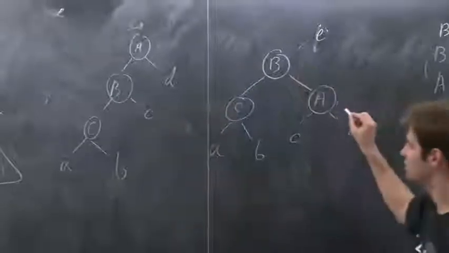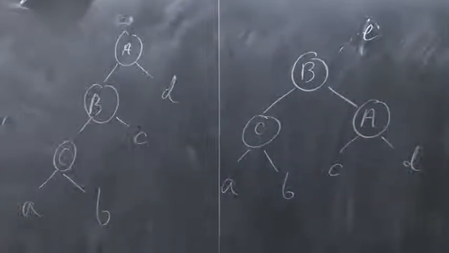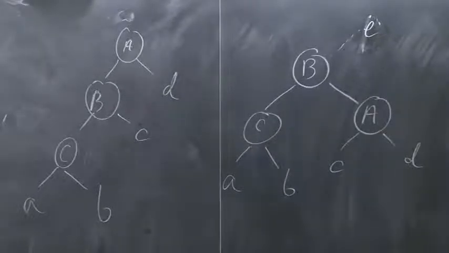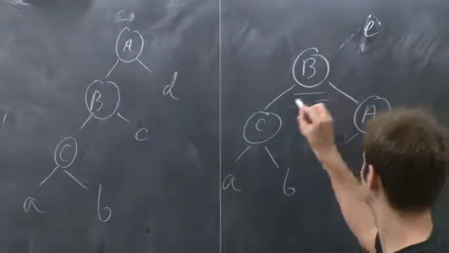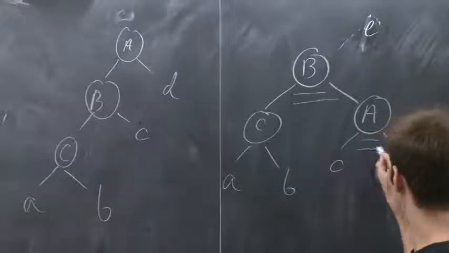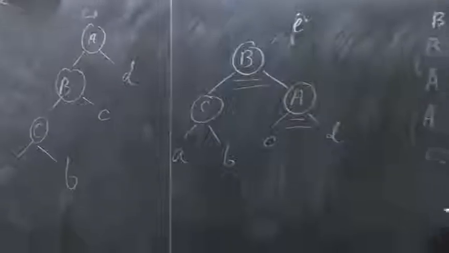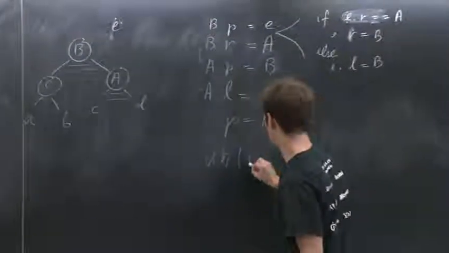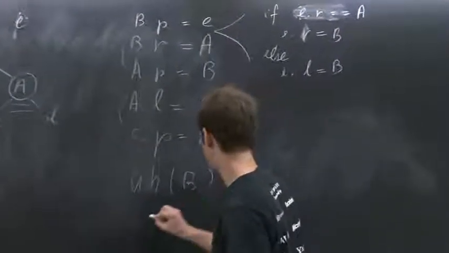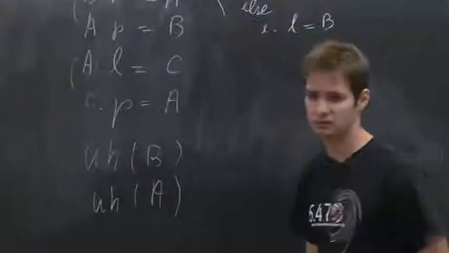So when I did this rotation, what heights changed? B's height changed? B and potentially A if C is greater than Q. B and potentially A. Okay. So if I'm not sure, then I'm going to try to update the height anyway to make sure that I have the right height. So after I do this, I have to update the height on B and update the height on A. Is this correct?